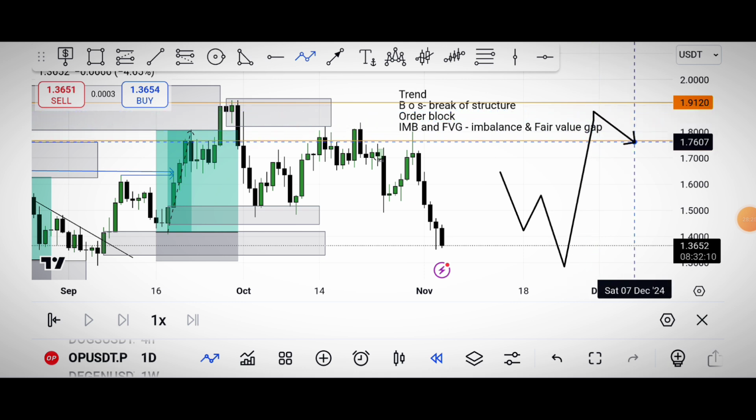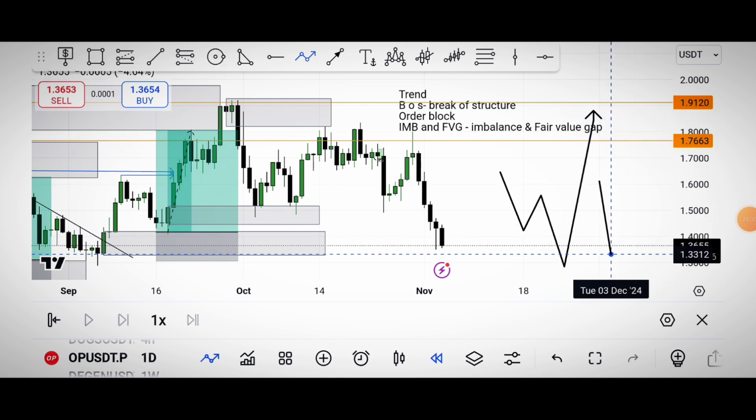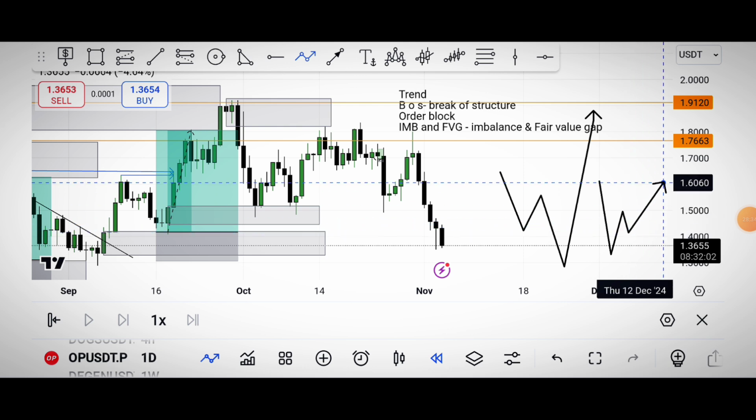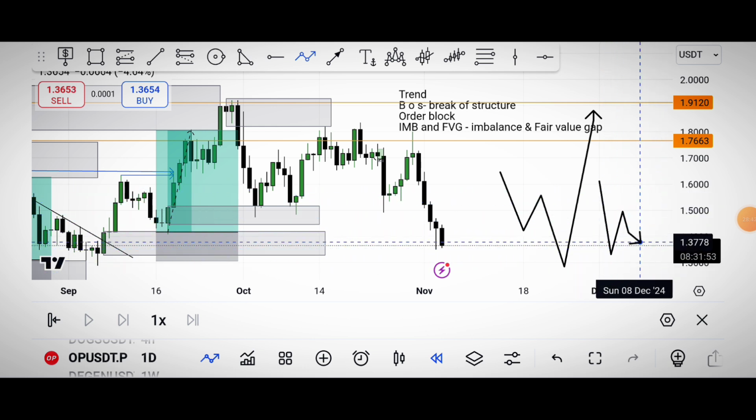But if by any means it happens to be like this, that means we are going to reverse at the order block, or at the neckline. The price is going to reverse to the downside, breaking these two highs.